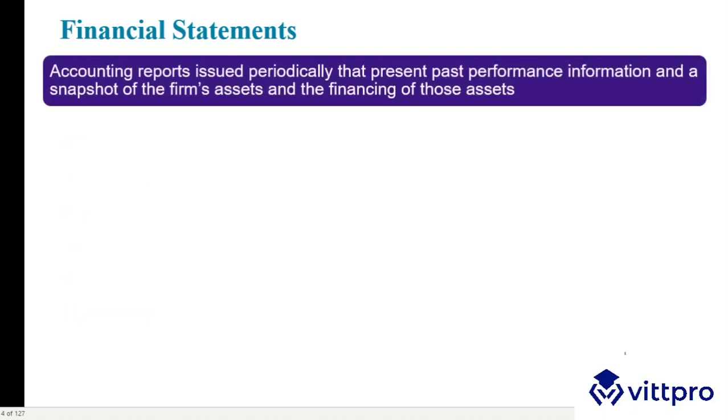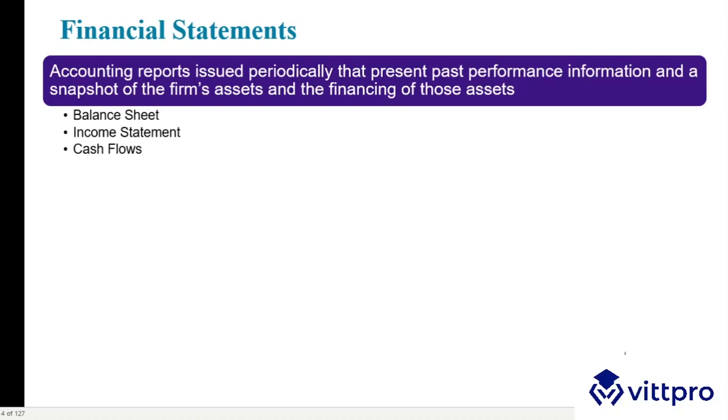So the financial statements are usually an accounting report which is issued periodically, and it represents the past performance of the company. Past performance is shown by the profit and loss statement, and a snapshot of the assets and the financing of those assets through the balance sheet. Usually there are three statements which are generated.